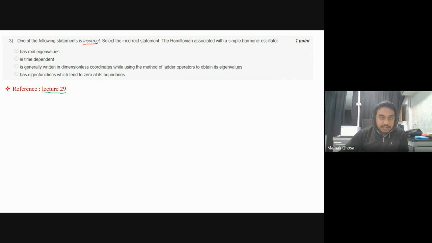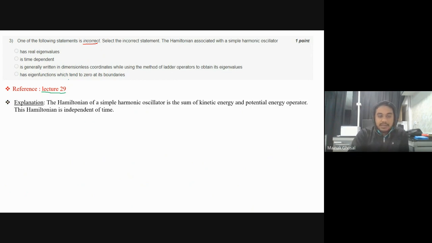Does it have real eigenfunctions? Is it time dependent? Is it generally written in terms of coordinates while using the method of ladder operators to obtain its eigenvalues? Or does it have eigenfunctions which tend to zero at its boundaries? So the explanation is here.